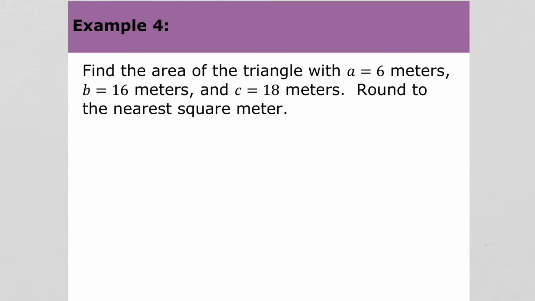So we've got a triangle with sides 6, 16, and 18. So we'll start by finding S. It's half of 6 plus 16 plus 18. That's 20.